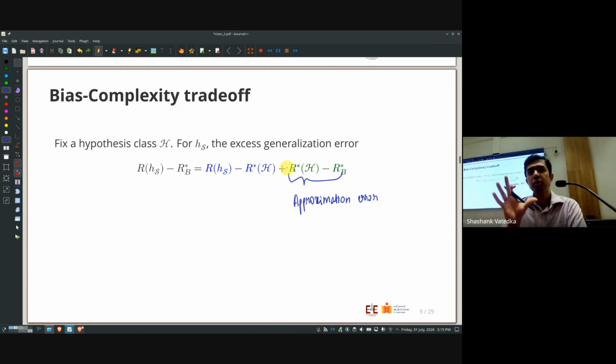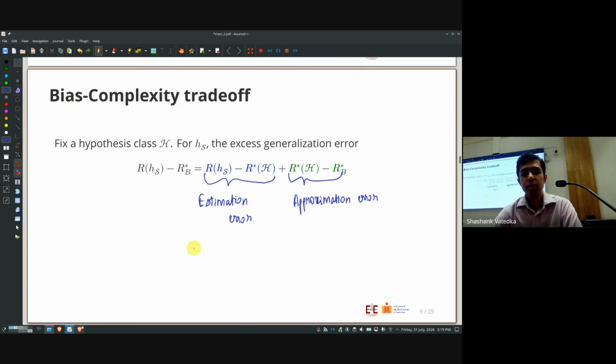Now, having chosen a particular H, this particular quantity, which we'll call the estimation error, tells you the price you have to pay for choosing either a bad learning algorithm or for getting a bad data set.